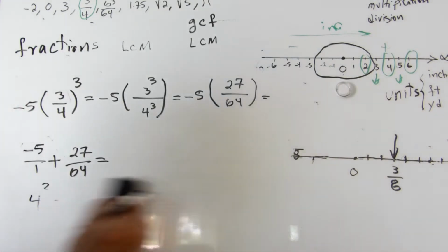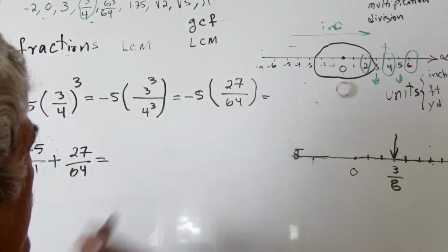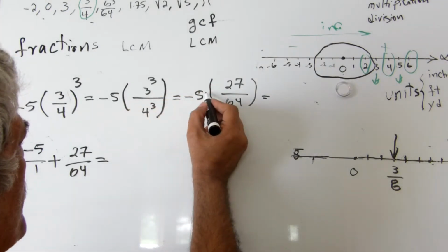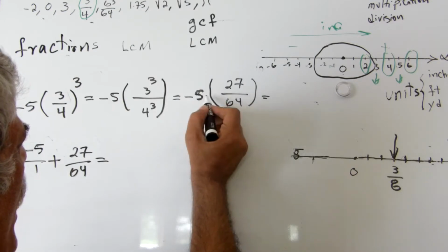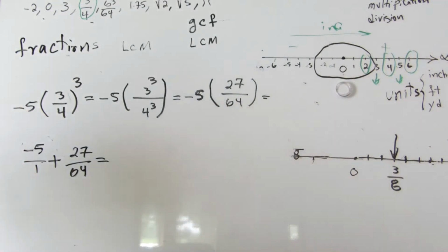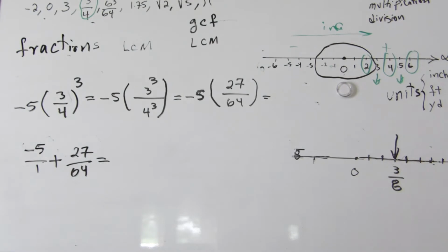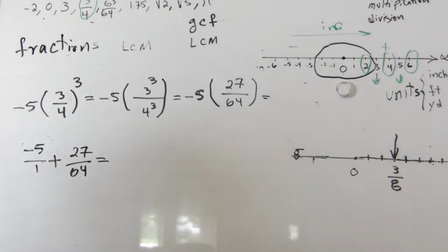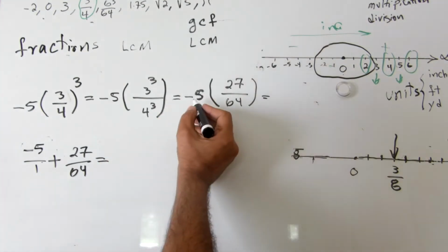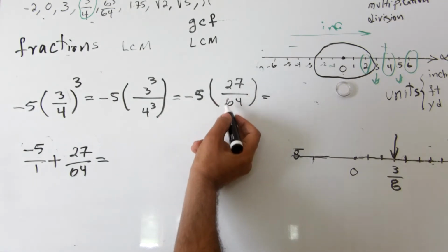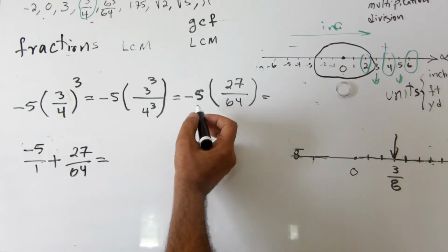I was going to say that this is multiplication: 5 times this one, and you are going to see the result. Because we multiply an integer by a fraction, what do we do?